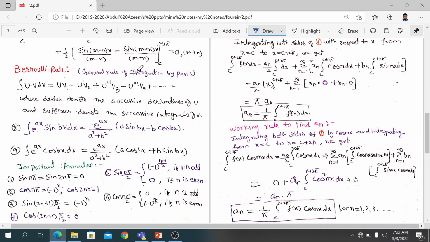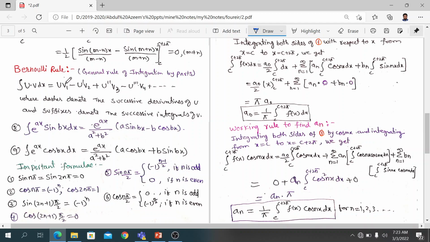Integration uv dx is equal to u v1 minus u dash v2 plus u double dash v3 minus u triple dash v4 and so on, where dashes denote the successive derivatives of u: u dash means first derivative, u double dash means second derivative, and so on, and suffixes denote the successive integrals of v.